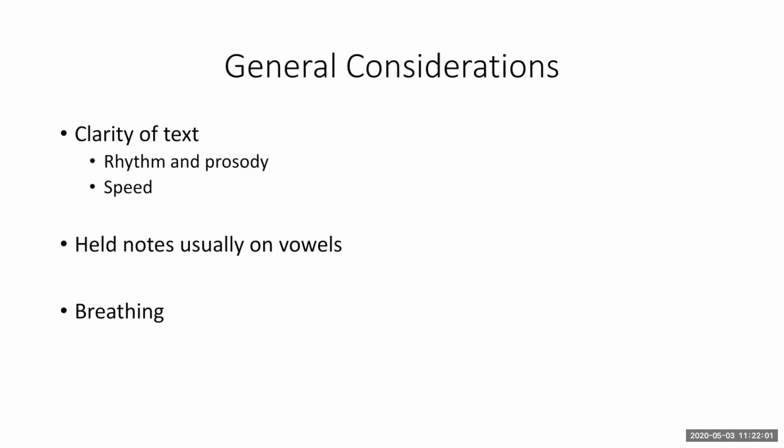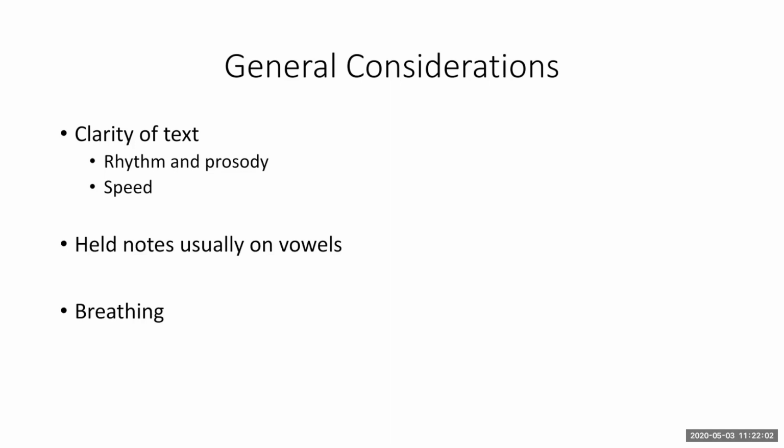When you are writing a piece for voice, I always suggest singing it yourself, even if you need to transpose it to fit your vocal range. That way you can check things like breathing, how comfortable it is to sing, and how fast you can enunciate the text and things like that.